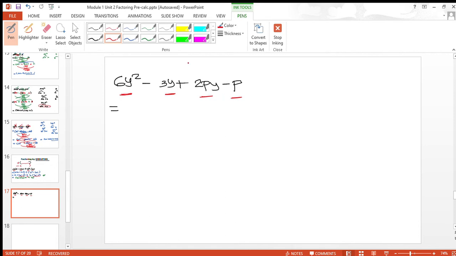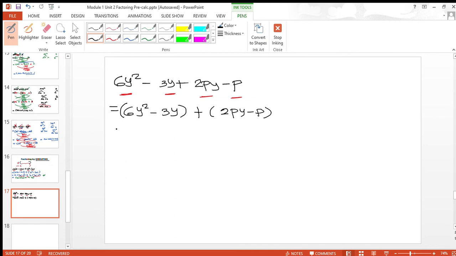But for this example, we can group the first two terms together. So if I will now group the first two terms together, preceding it by a positive sign, so we just copy the elements. The last two terms, we can also precede it by a positive sign. So we just retain all the elements involved.